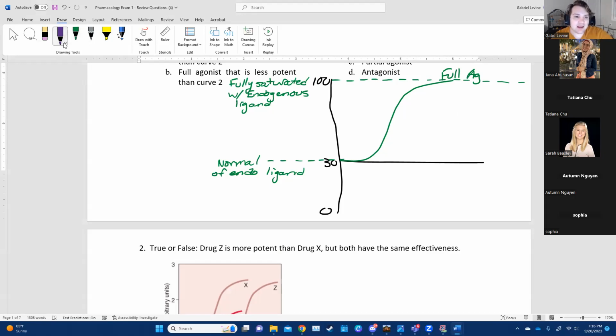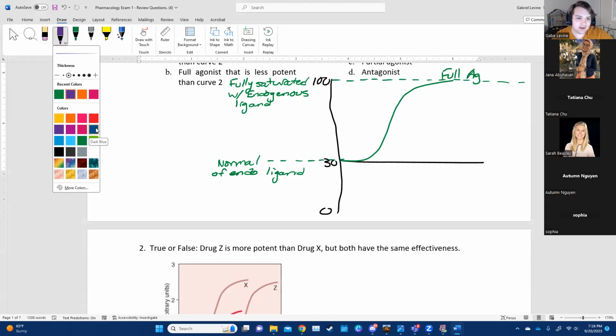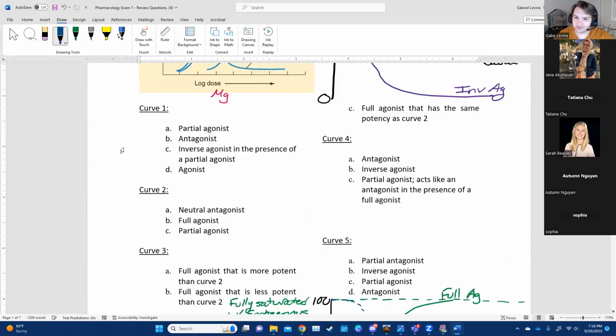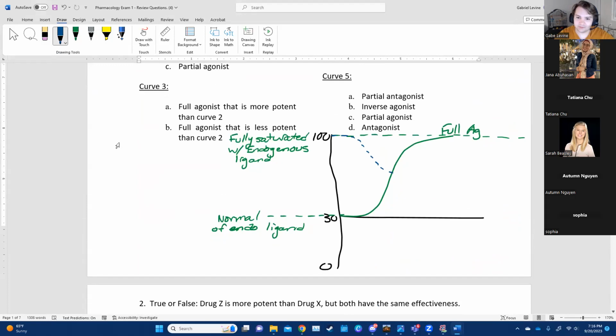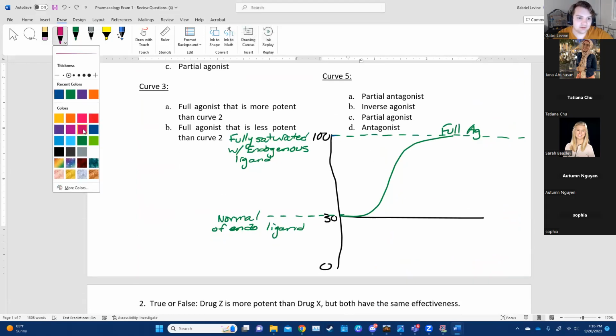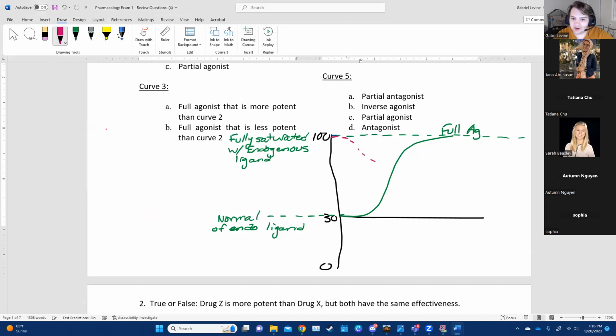If you are fully saturated with endogenous ligand, or you're at 100% response, and you add in, oh, what color did I use? I used a different color. And you have a partial agonist.